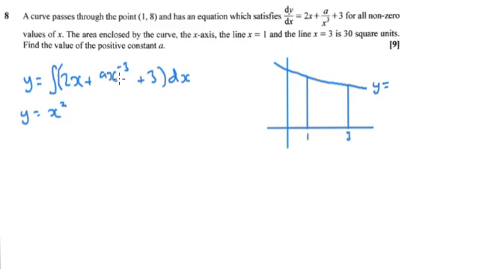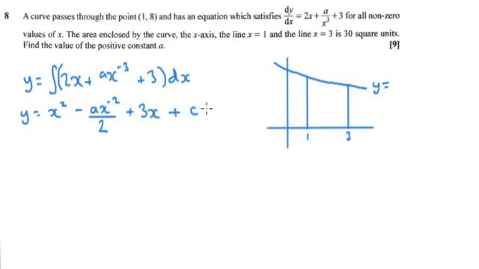So that 2's will cancel, and that's just x squared. Here we're going to add 1 to the power, divide by the new power, which gives me ax to the minus 2 divided by minus 2. So that's going to become a negative a and divide by 2. And then we're going to have a 3x here.